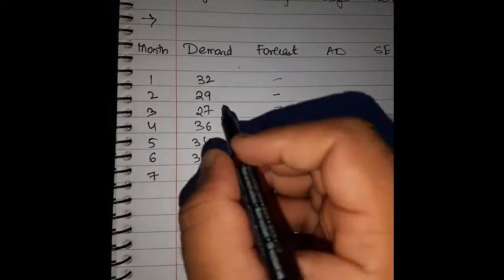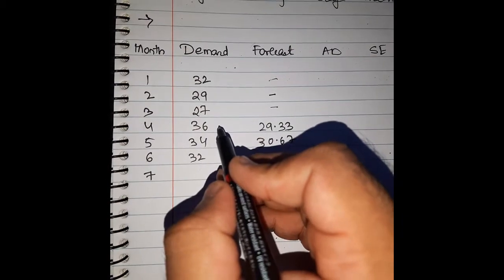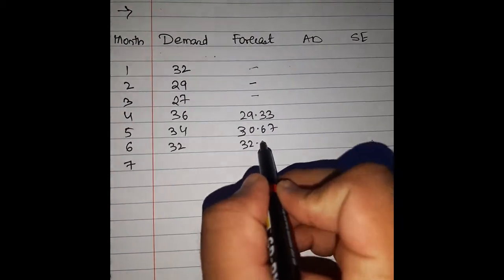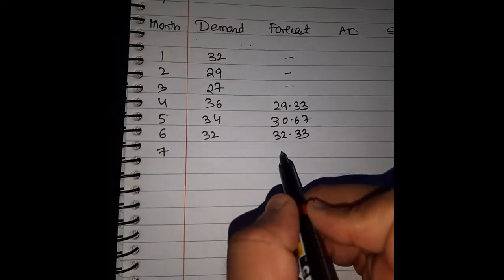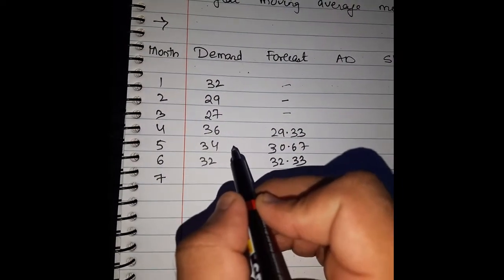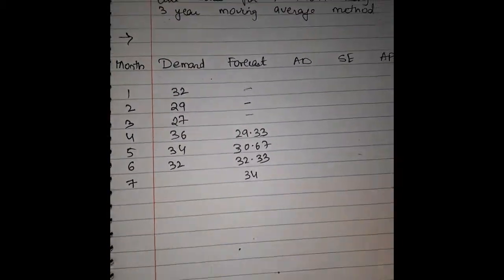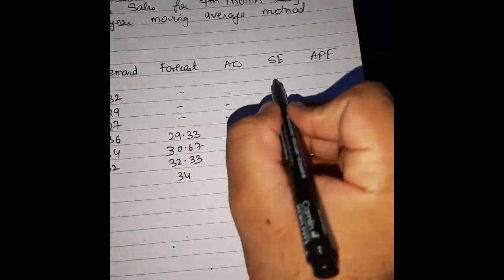For the 6th period, it will be 27 plus 36 plus 34 divided by 3, which will be 32.33. And for the 7th period, it will be 36 plus 34 plus 32, the whole divided by 3, which is 34.